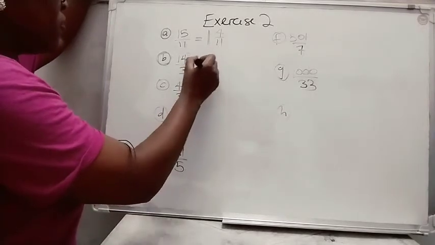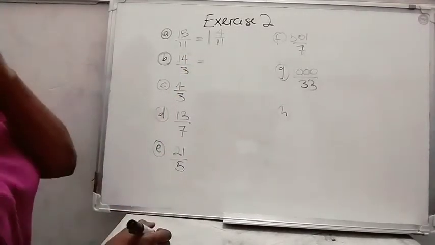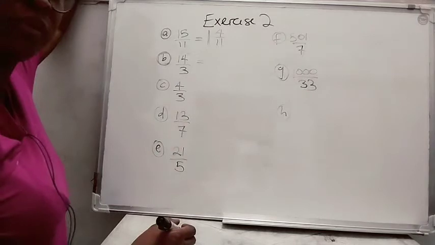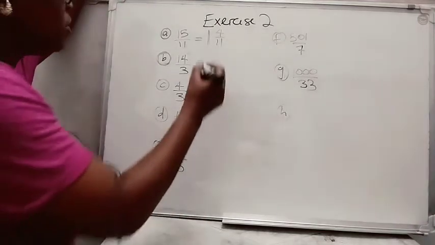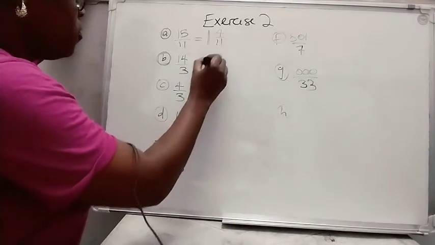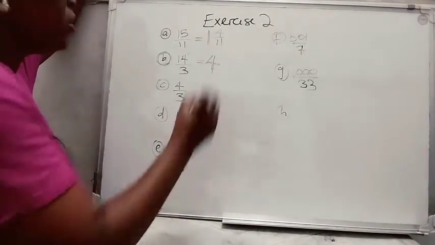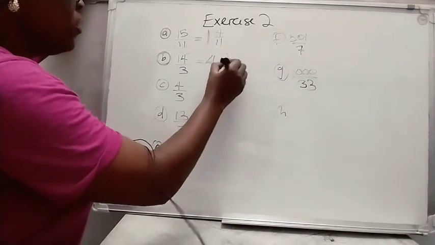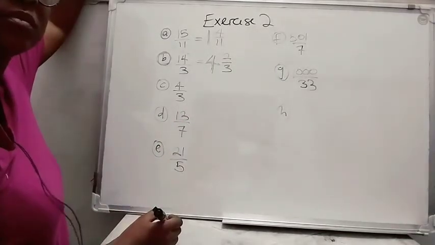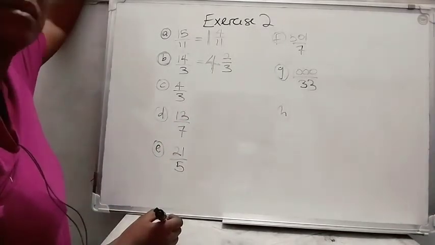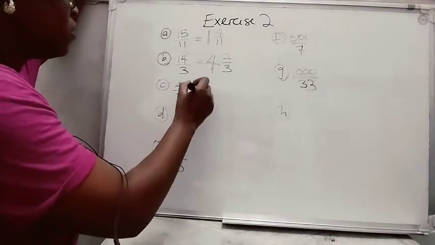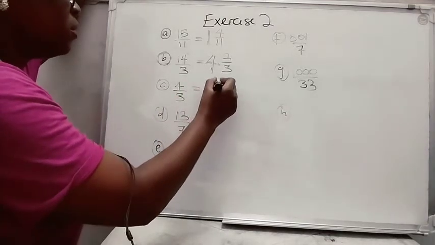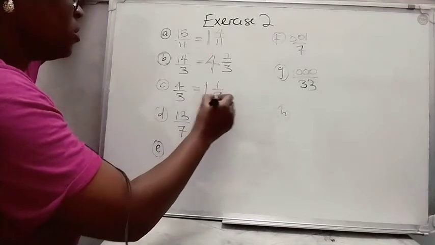So we also have 14 divided by 3. That will give us 4 whole number, remainder 2 over 3. Simple as that. While this 4 over 3 will give us one whole number, remainder 1 over 3.